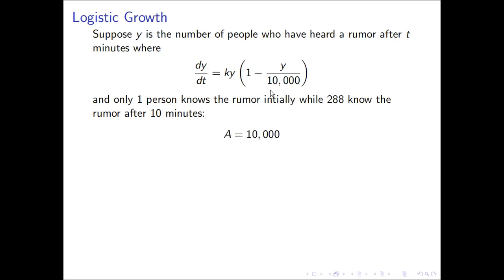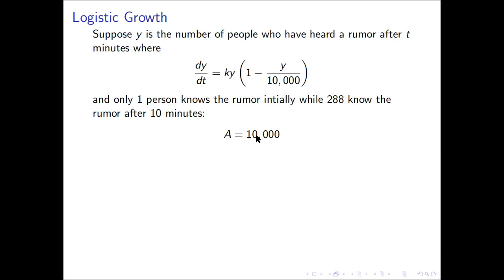Now, in the equation given, A is the constant under y in the expression inside the parentheses. And in fact, this 10,000 here represents the maximum number of people in that community. So there are actually 10,000 people in that community.